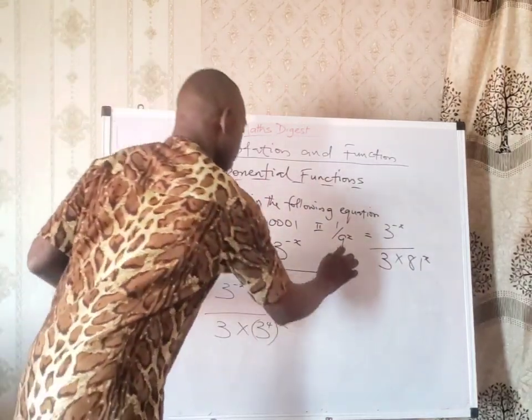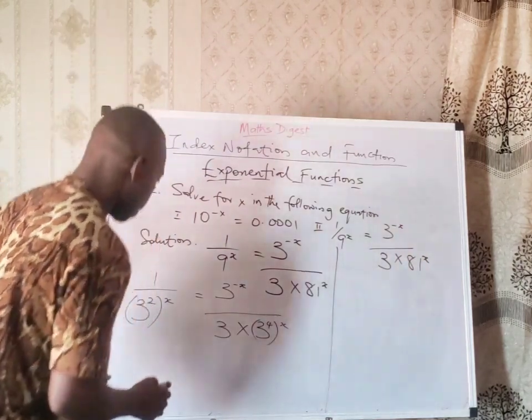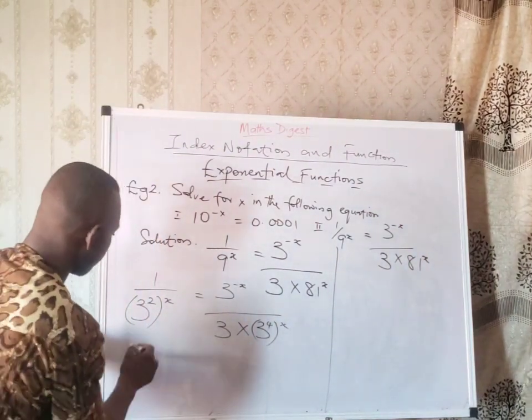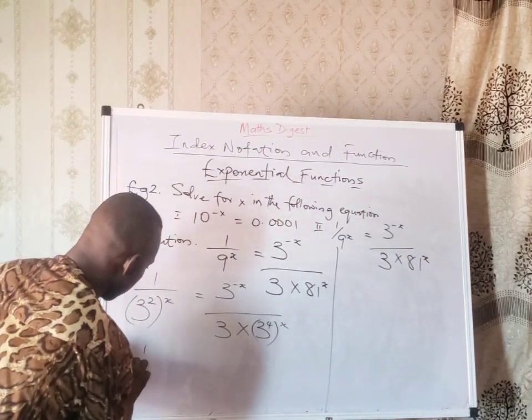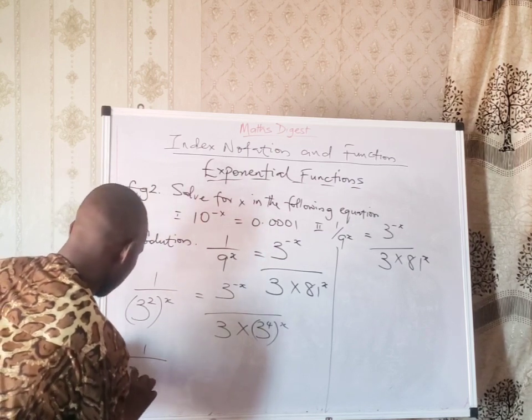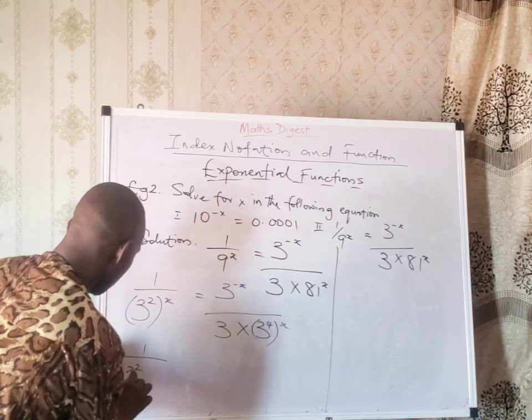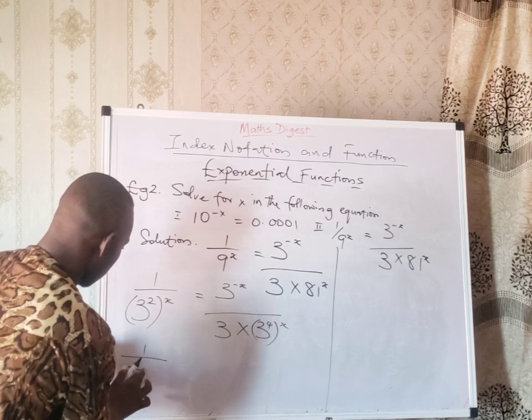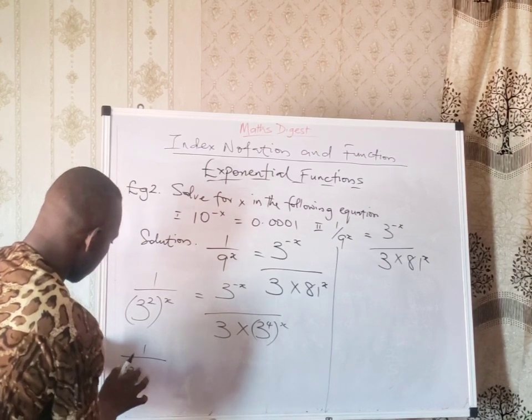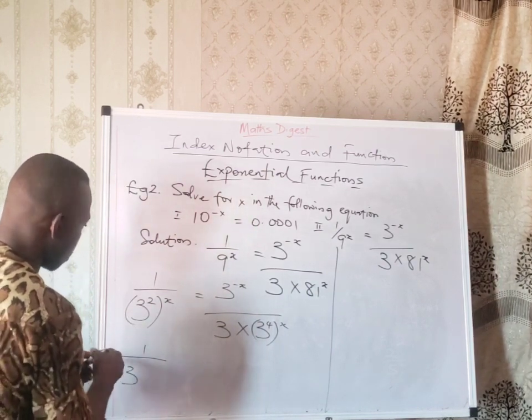So from here now we say 1 over 3 raised to power 2, or rather, remember, they are in power, so you can multiply them out.